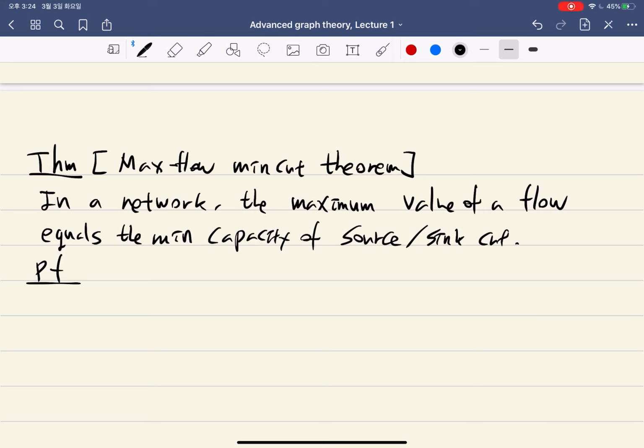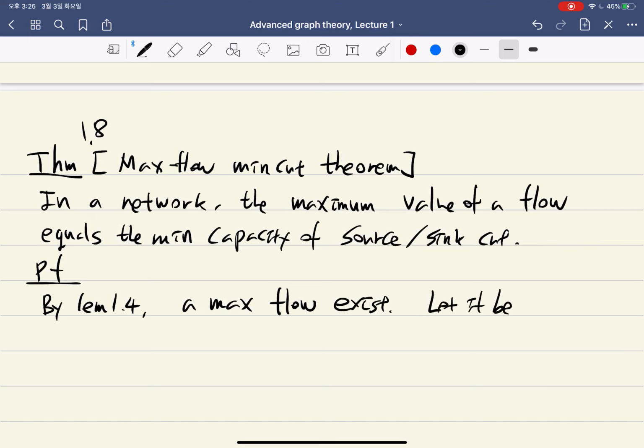Because this is quite simple, for Theorem 1.8, we know that there exists a maximum flow. That's one of the results that we proved before, Lemma 1.4: a flow with the maximum value exists. Let it be f.